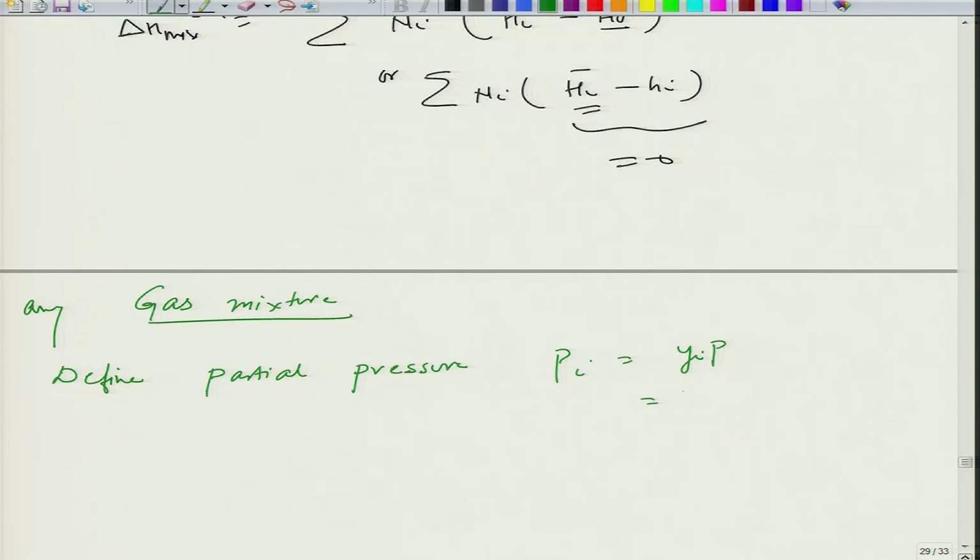I can write this as Ni, the number of moles of component i, divided by the total number of moles in the system, Ni by Nt.